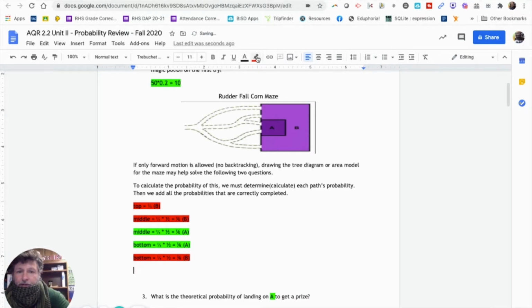Let me take off that highlight real quick. 1/6 plus 1/6 equals 2/6, which we know is actually 1/3. Okay? So 1/3 of the time is the probability. Okay? So the probability of A is that. Okay? So this is our probability of A, the sum of those two numbers.